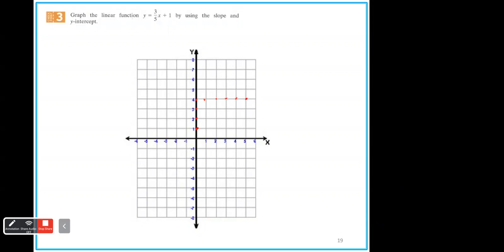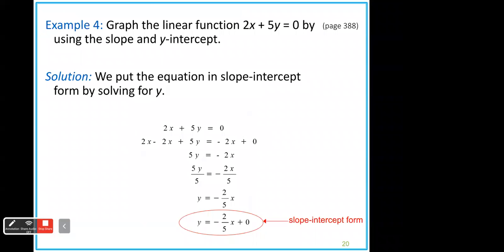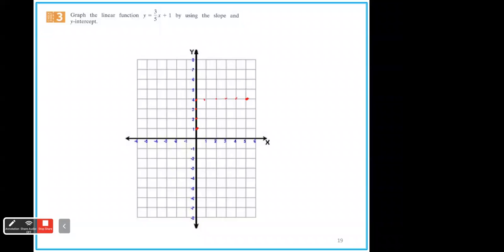Yes. Okay. Then once you do that, you draw the line with the arrows. And then you put the arrows on the two ends.